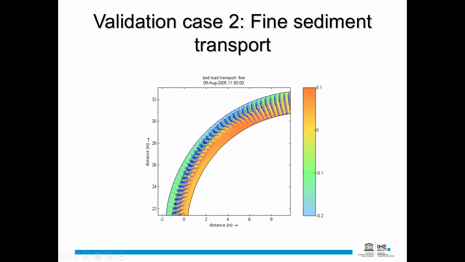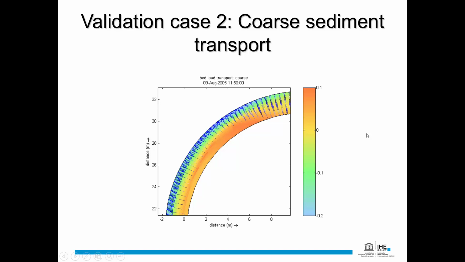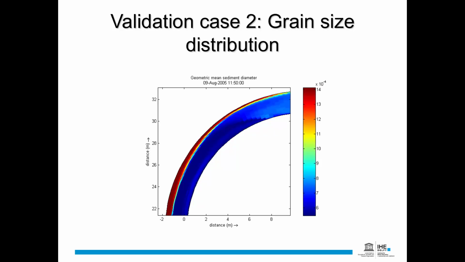And you can also see this in these two slides. Now we are looking at the fine sediment transport, and here we are looking at the coarse sediment transport, which happens more on the outer bend. And then the grain size distribution happens here. You can see that the coarse sediment is going more towards the outer part of the flume, and the fine sediment more towards the center of the flume.